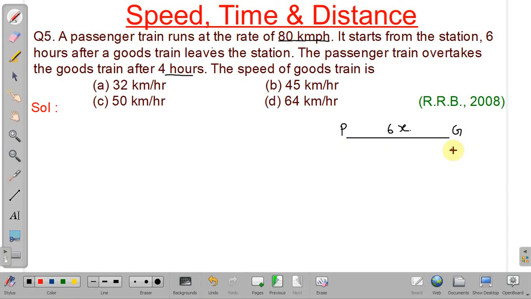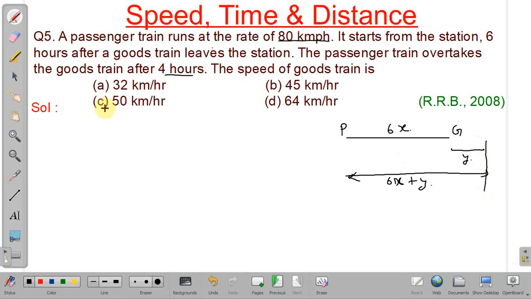The goods train will cover a certain distance in 4 hours, because after 4 hours the passenger train will overtake the goods train. So after 4 hours, suppose the goods train covers a distance y. Then the passenger train needs to cover a distance 6x plus y. Or we can say the relative distance between the goods train and the passenger train will be 6x. So we need a relative speed between the goods train and the passenger train. So this is the point where the passenger train will overtake the goods train.